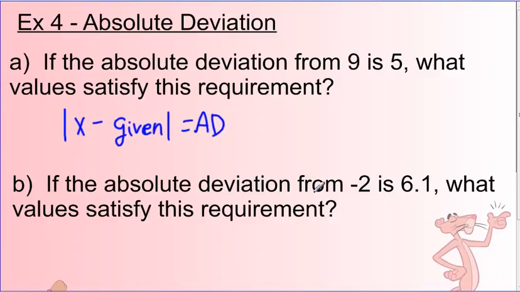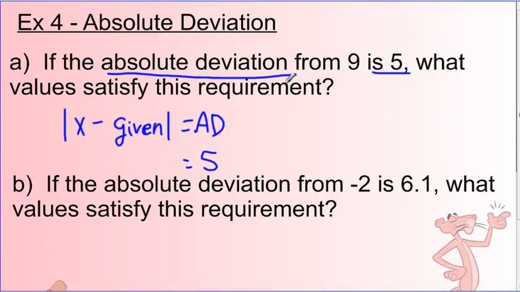It says if the absolute deviation from 9 is 5, what values satisfy this requirement? So what they're doing is they want the absolute deviation to be 5. So we plug in a 5 for the absolute deviation.